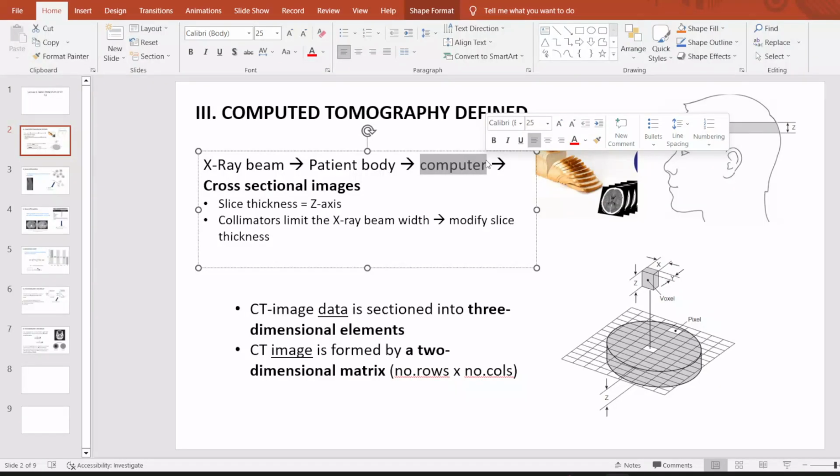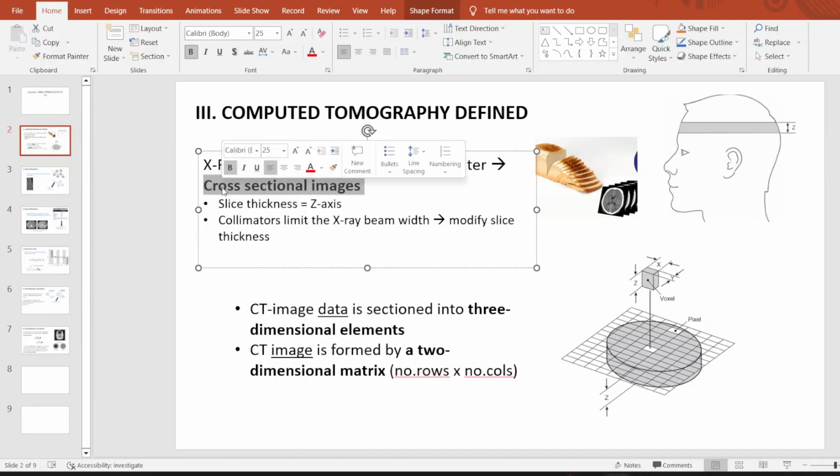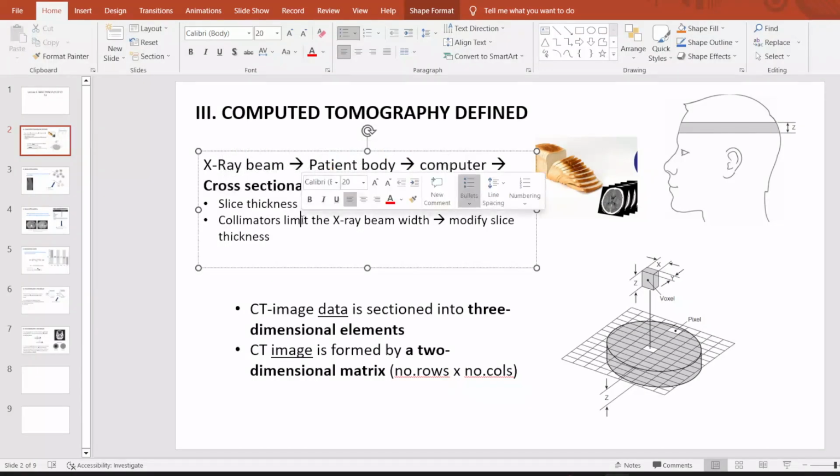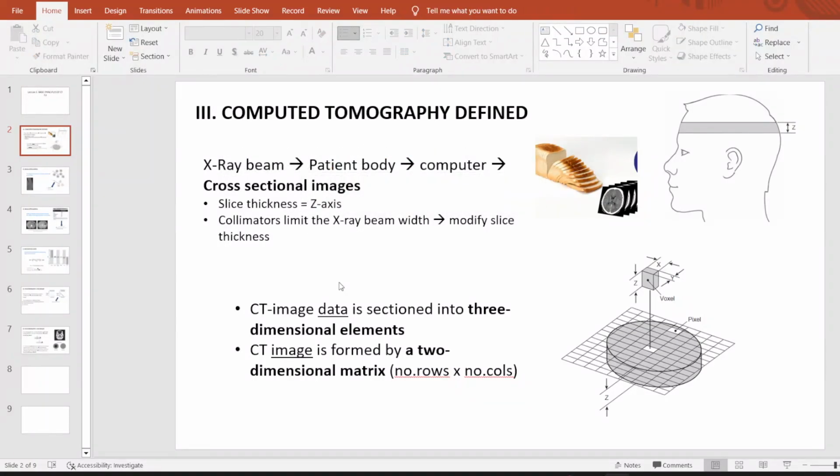And the computer in the CT system is in charge of processing our data, and ultimately we have cross-sectional images. Yeah, that's the workflow of CT, the protocol of how CT works.